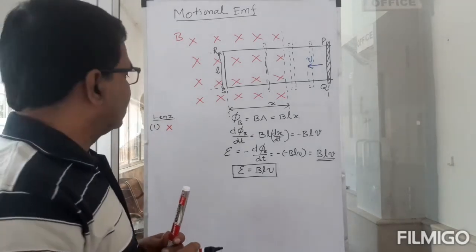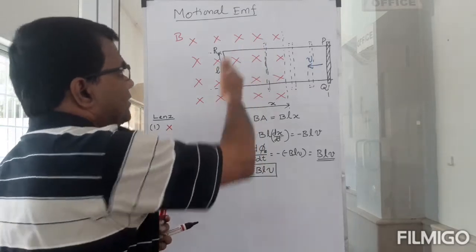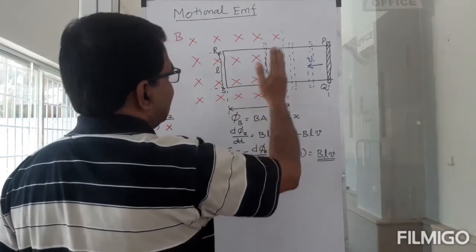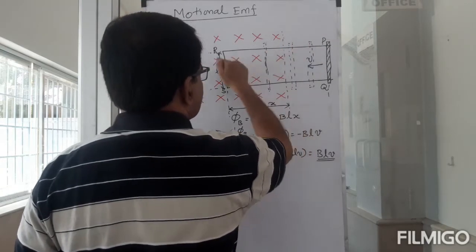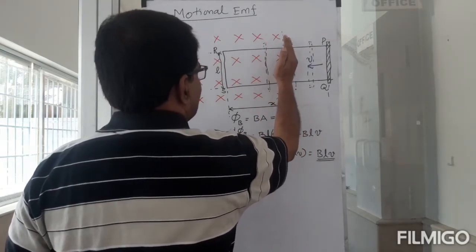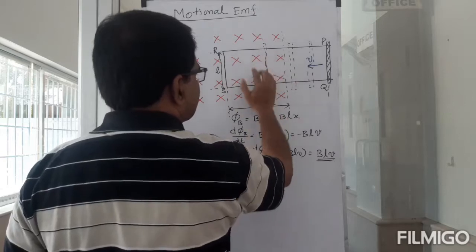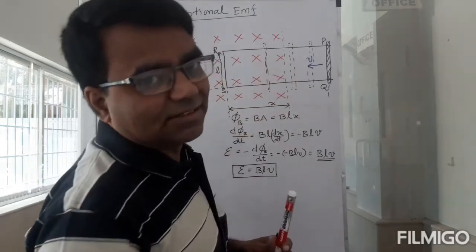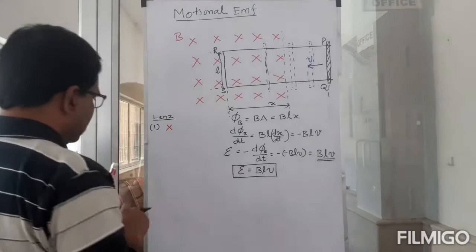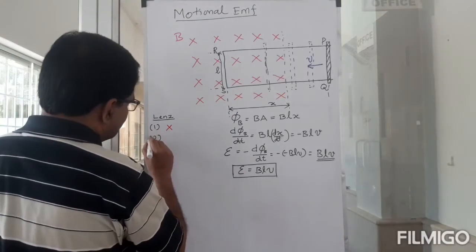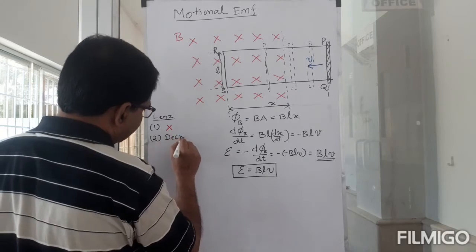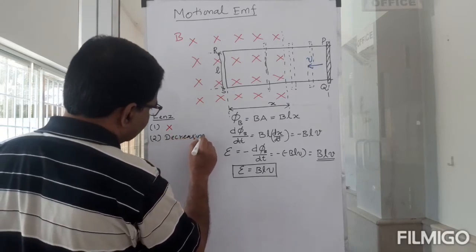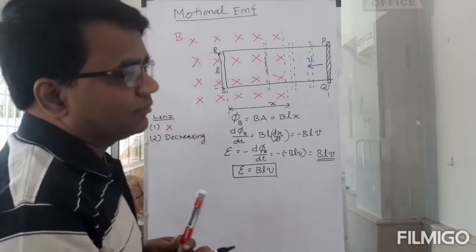Okay. Then, what is happening to the magnetic field? As I bring this rod closer and closer to this segment, the magnetic flux through the circuit is reducing, it is decreasing. So the second thing is, this X is decreasing.